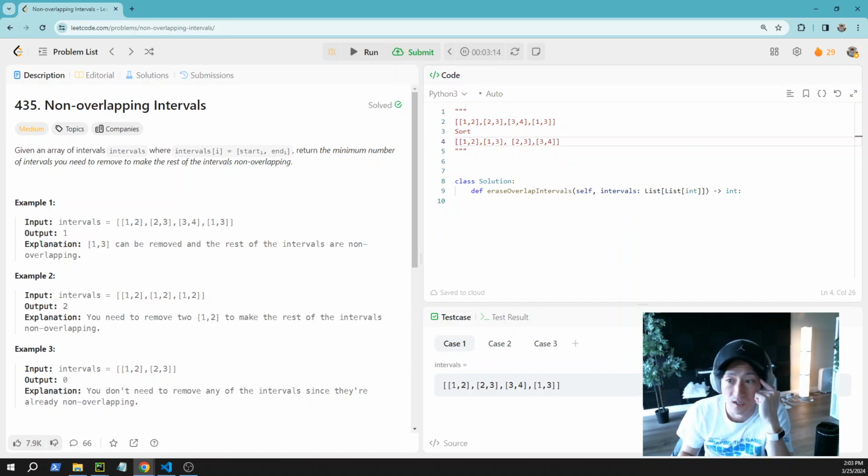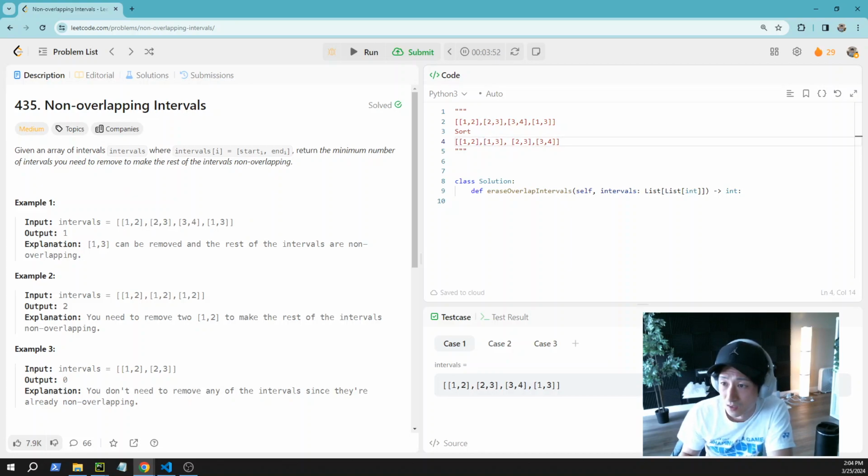Let's say we have the previous one, and I see the current start, while iterating, is less than, equal would be fine, less than 2. So that is why this is clearly overlapping, so that I cannot use this guy. So I'm going to increment the number of intervals I'm going to remove.